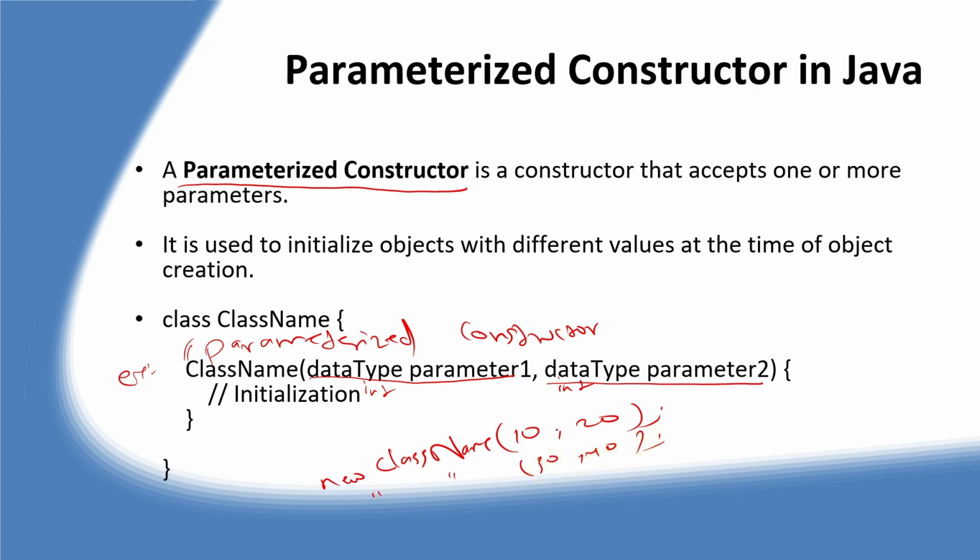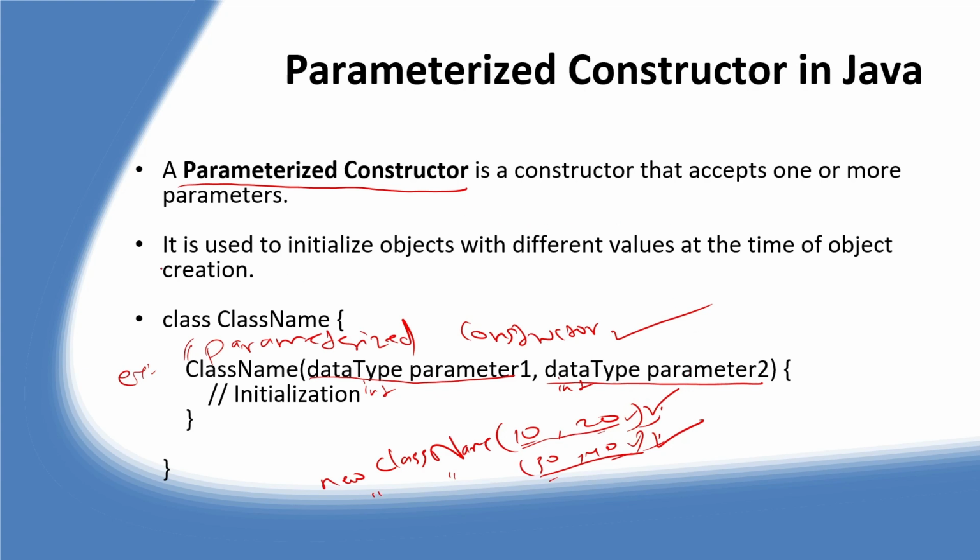So two objects will get created, one with values 10 and 20, another with values 30 and 40. So with the help of a parameterized constructor, we can have different objects with unique data sets.